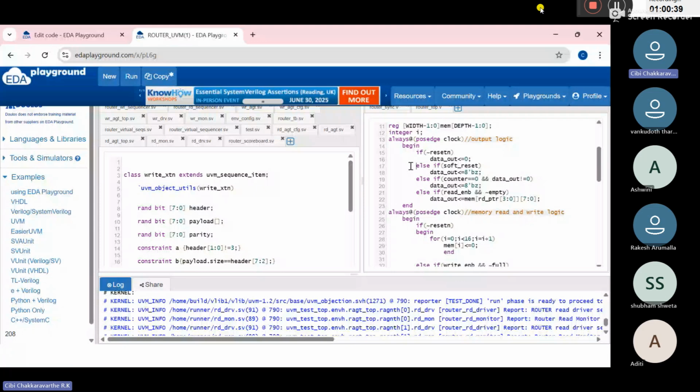So for example, if you are passing some packet to the destination, but there is no response till now on the destination side, after passing the packet, if there is still no response, it will automatically soft reset. Soft reset in the sense the process will be completely stopped.